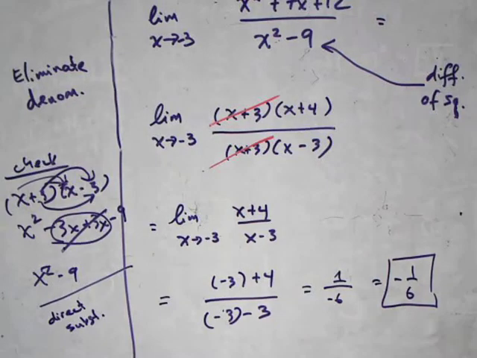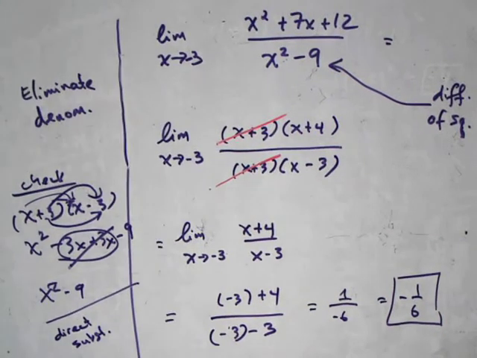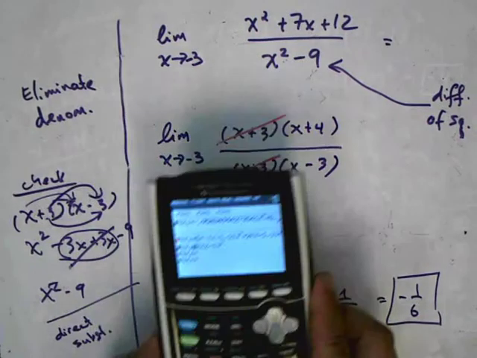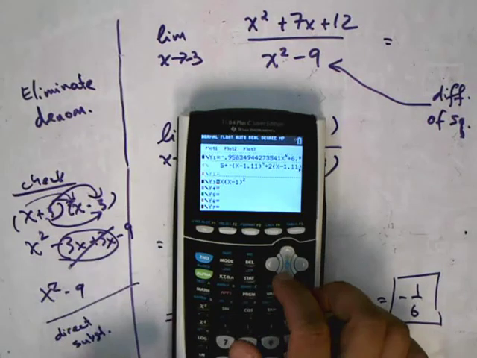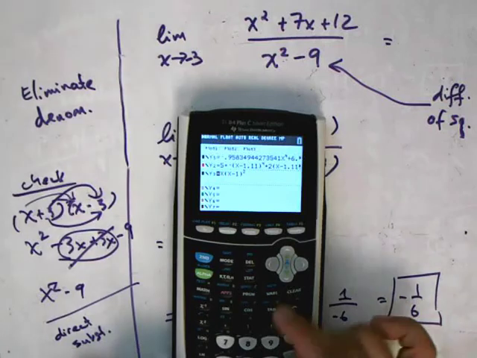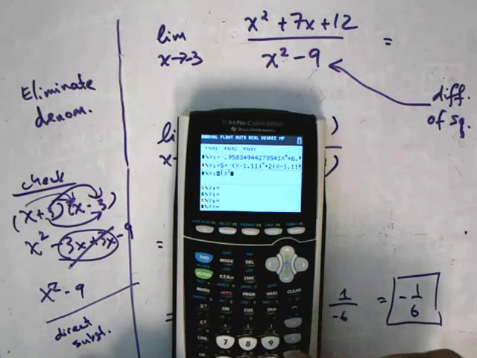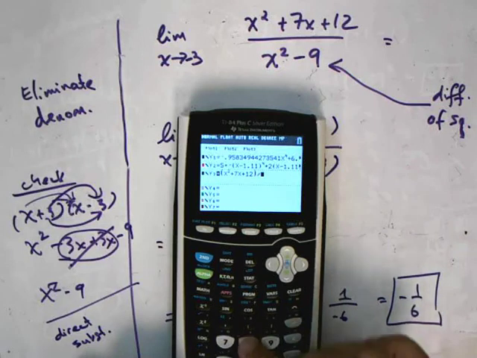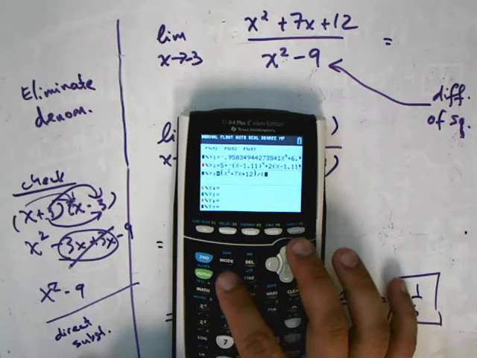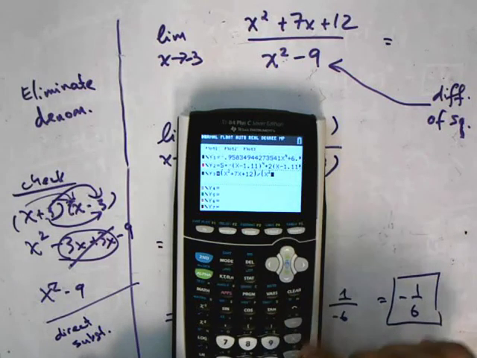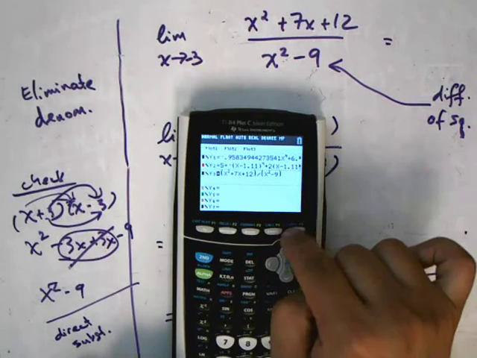So I do want to illustrate why this works and how it works. So let me show you here on my grapher, and we're looking at y3 here. I know I got some other stuff going on in the other part. So this is x squared plus 7x plus 12 divided by x squared minus 9.